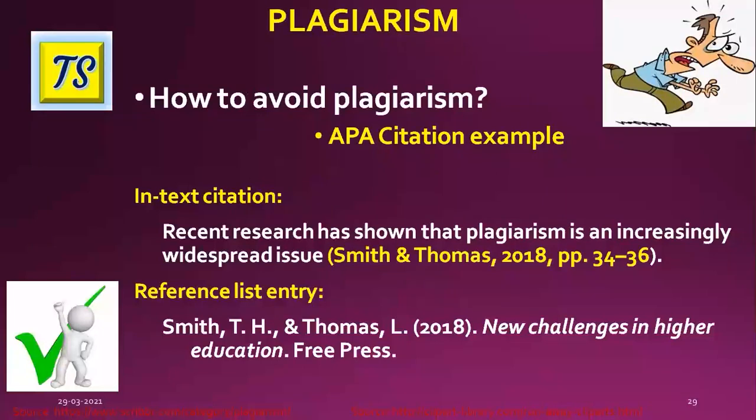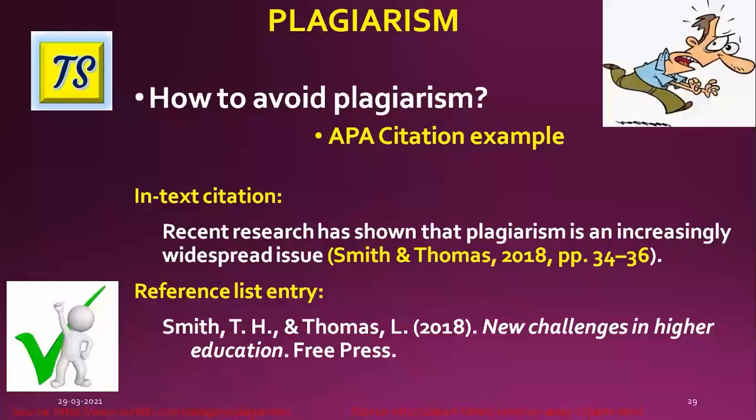See, this is an example of the APA citation-based technique: in-text citation and reference list citation. I have mentioned two different techniques here. The first one shows how you need to mention the author, year, and page numbers in text. See, the reference list reflects the same authors and the complete bibliographical details.